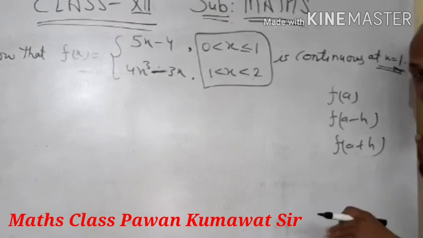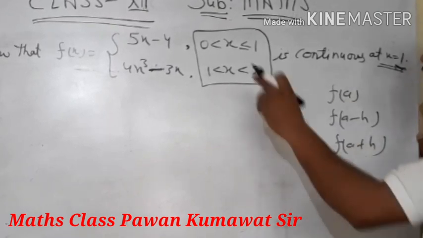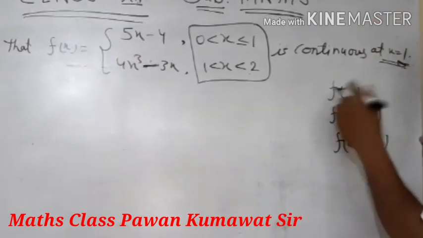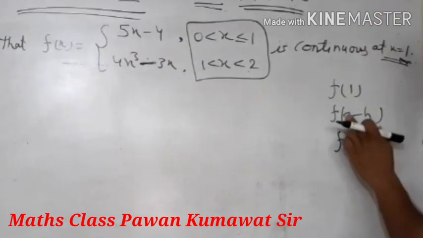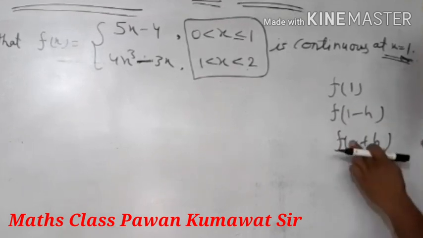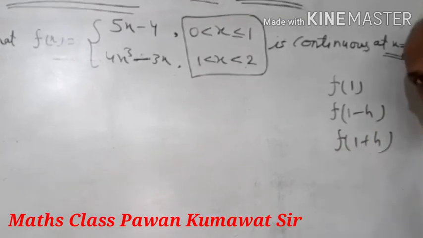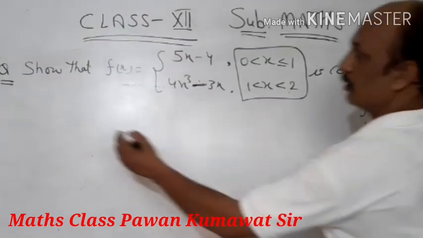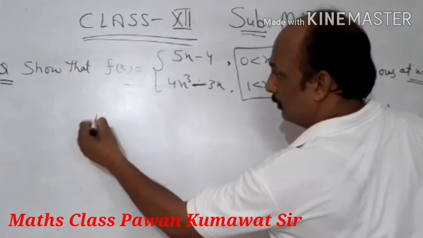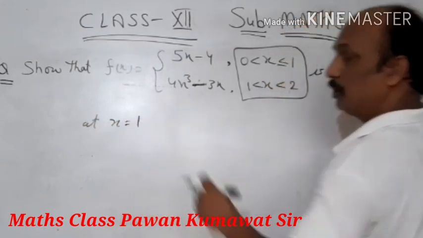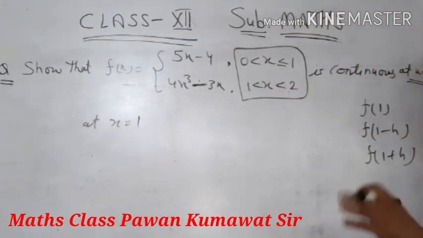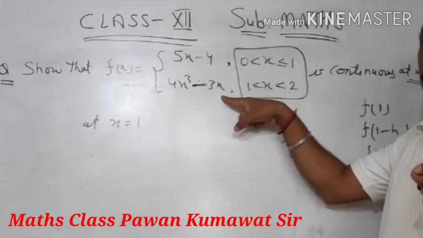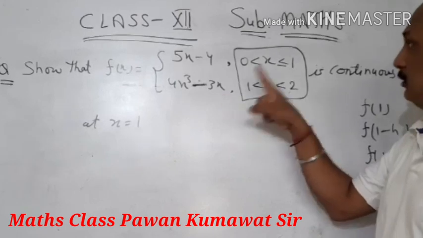So we have to find the value of the function at f(1), f(1 minus h) and f(1 plus h). Is that clear? Now, first of all, at x is equal to 1, in which condition is there x is equal to 1?